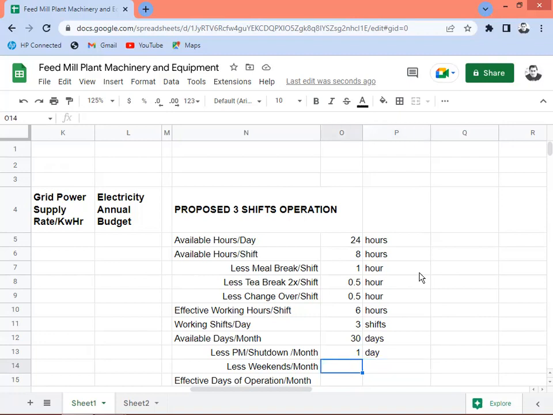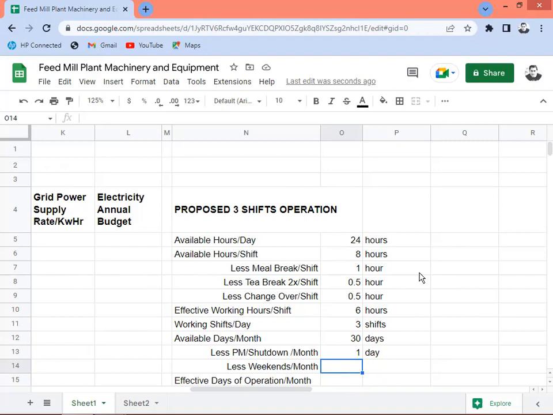Then we're also going to deduct the weekends, because people are not working during weekends. Some companies provide only Sundays. All the Sundays in 1 month is four Sundays, but other companies provide 2 days weekend, 2 days of rest in 1 week. So we'll just say Saturdays and Sundays.